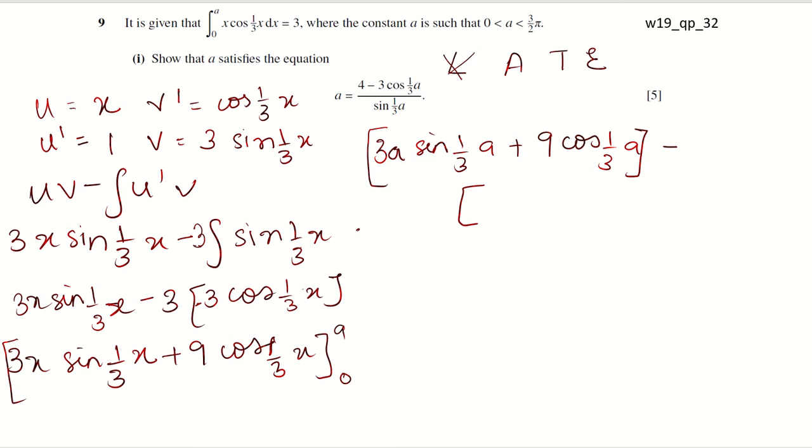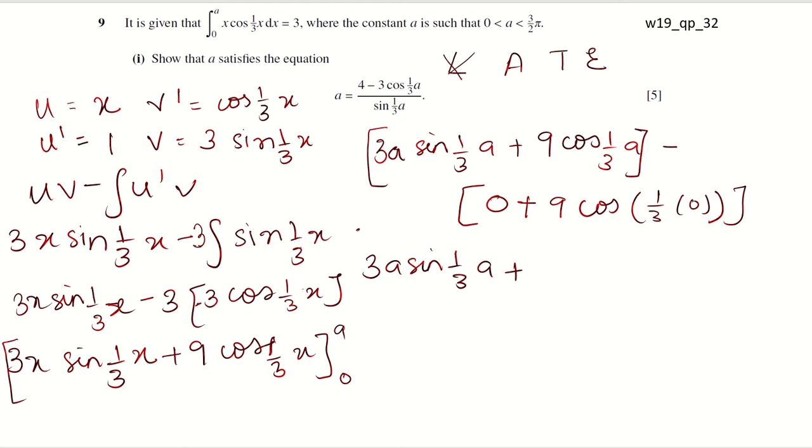Because something that is multiplied by 0 will be 0. So I'm going to put 0 over here, and plus 9 cos 1 by 3 multiplied by 0. Now basically cos 0 is 1, because 0 multiplied by 1 by 3 will be 0, and cos 0 is 1, so that's going to be 9.